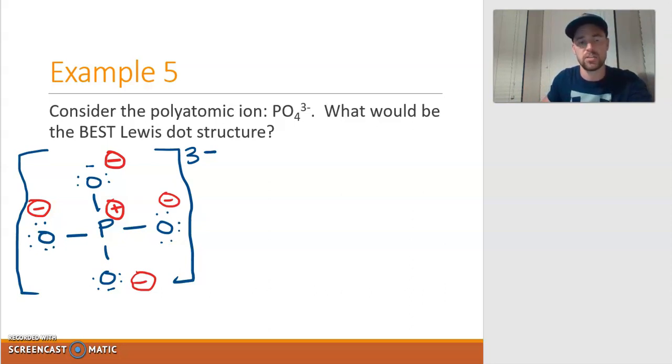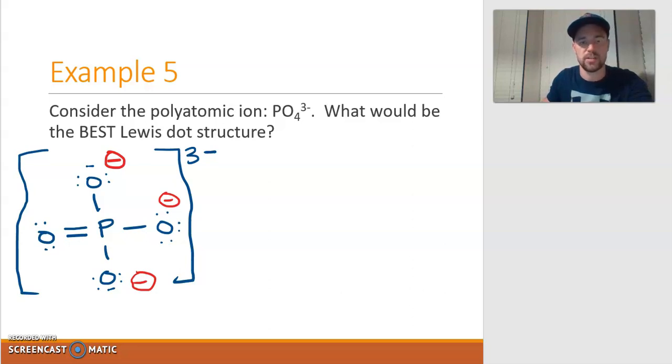If I took, and I'm going to arbitrarily choose the oxygen on the left, if I were to take 2 of its electrons and put them into a double bond right here, what would that do to the formal charges? Well, to this oxygen, it would get rid of that negative formal charge because now it's oxygen doubly bonded. And how would it change the phosphorus formal charge?